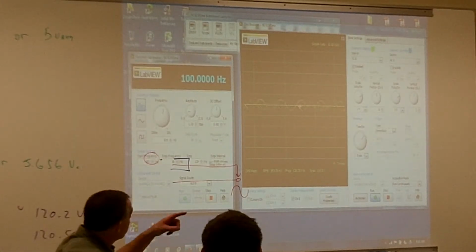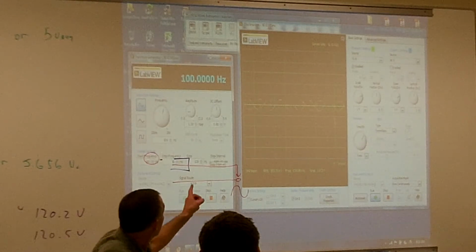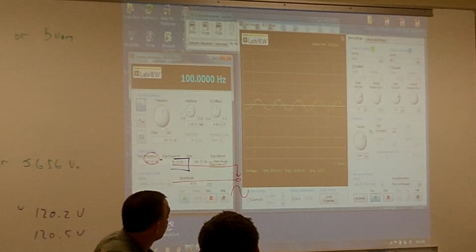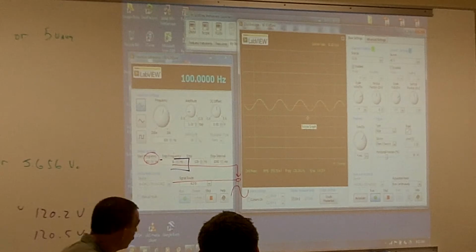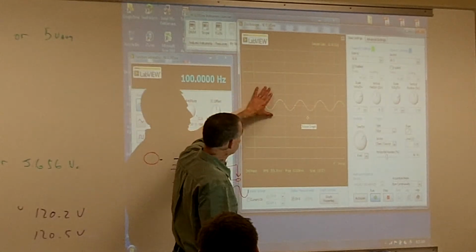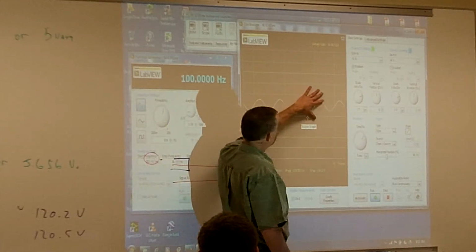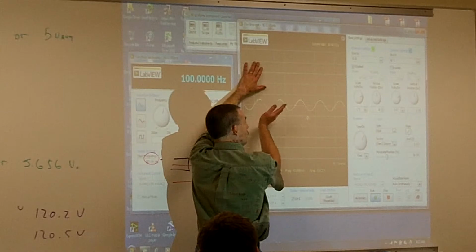One thing about working with oscilloscopes is that you can see the picture keeps on scrolling. It doesn't know where to trigger. So I'm going to tell it to go off the edge. When we're working with oscilloscopes, since it's a graphical representation of the signal being outputted, we have to tell the oscilloscope when to start drawing.